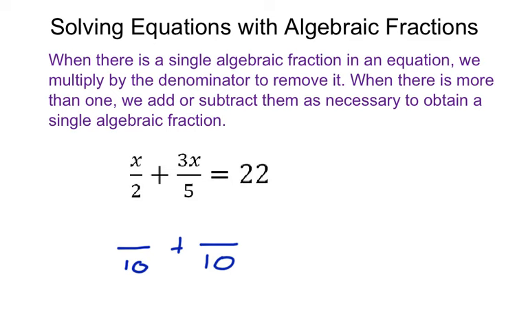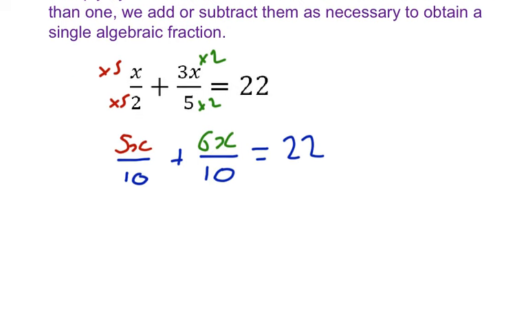And we had to multiply the 2 by 5, so we have to multiply the top by 5 as well, giving us 5x. And we had to multiply the 5 by 2, so we have to multiply the 3x by 2 as well, giving us 6x in that fraction. And then this is all still equal to 22.